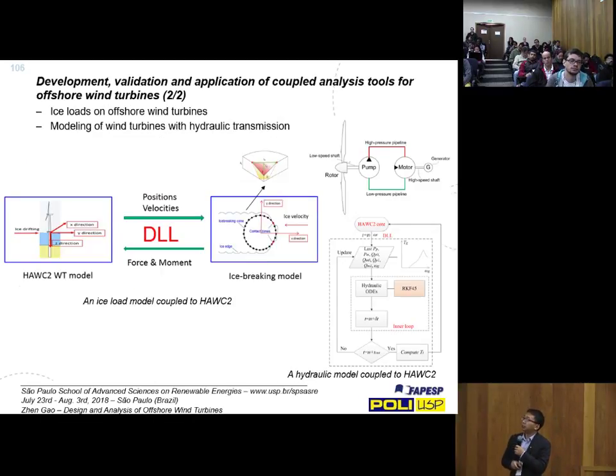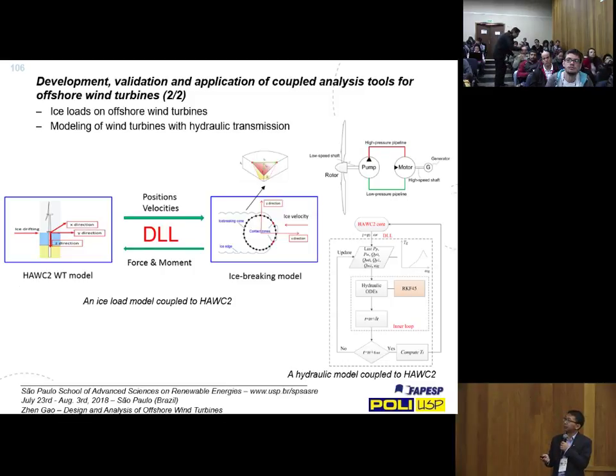In cold places with ice-covered areas, there is also particular interest to look at ice loads on the turbines. Here we look mainly at level ice, so it's the ice sheet on the surface of the water. When you have ice, you typically don't have waves, so here we basically look at the wind and ice-induced loads.